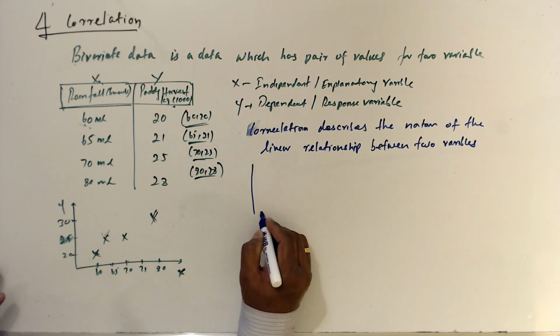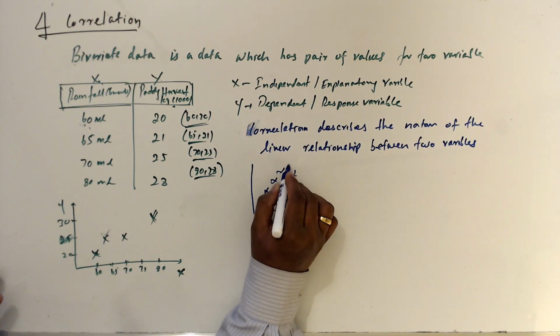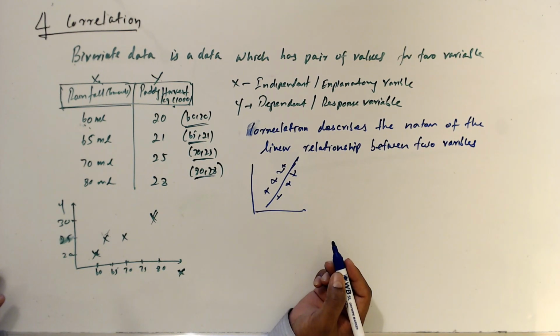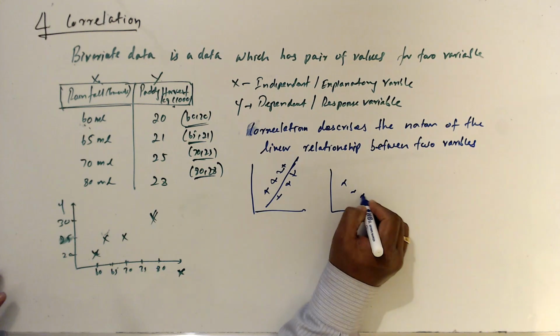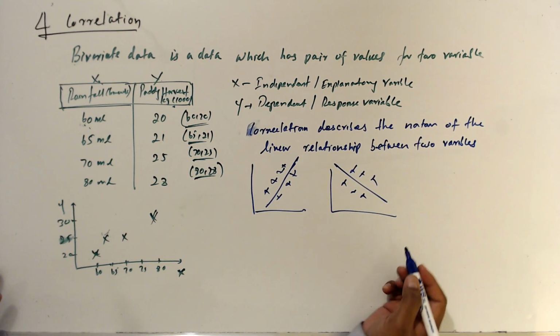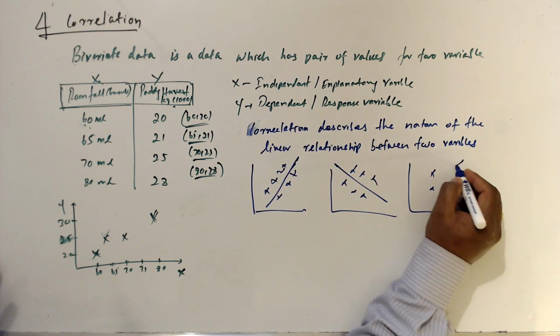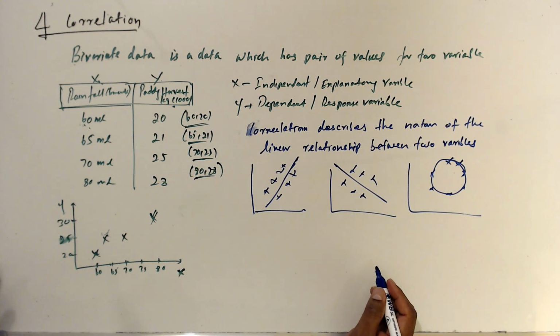For example, if you get this graph, you can see that there is a linearity. If you get this graph, there is a linearity. But if you consider this one, there is no linearity here.